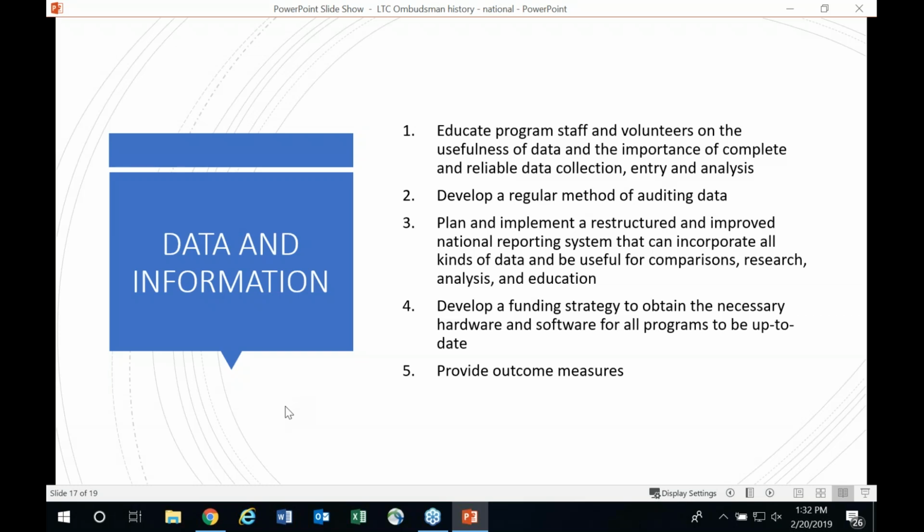I'm not exactly a data person, but just a real emphasis on how important it is for the data to be entered correctly so that we can use it for analysis, develop a regular method of auditing that data, and to take a look at the system in 2003 to see how we can improve it, how we can use the data for comparisons, for research, for analysis, for education, and also to develop a funding strategy to obtain the necessary hardware and software for those programs in all the states to get as up to date as they possibly could, and then to provide a system of outcome measures.